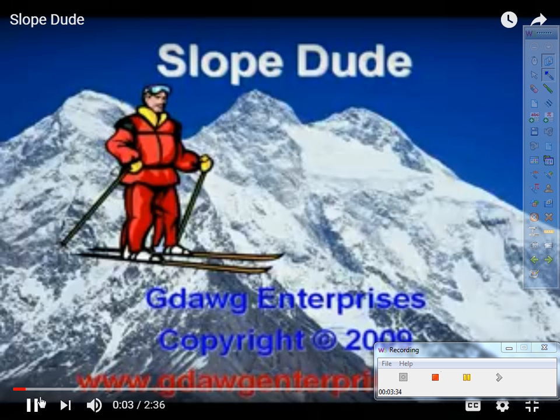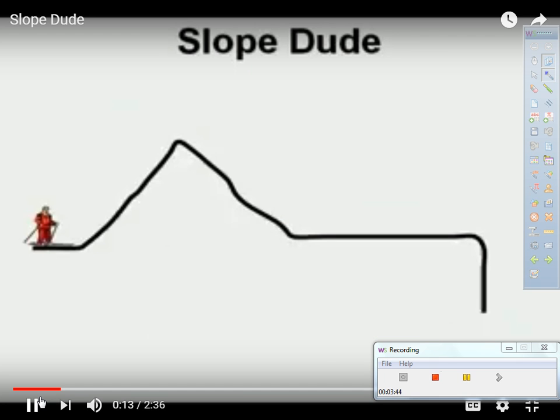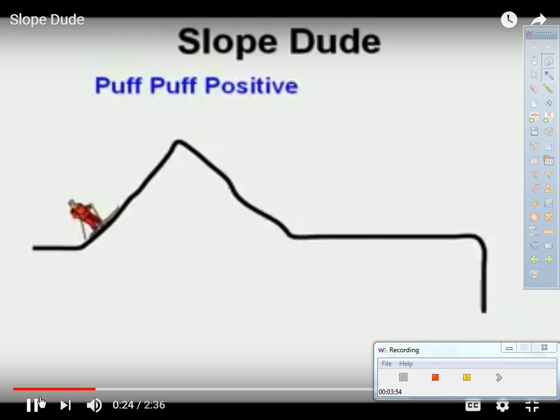Welcome to the Adventures of Slope Dude. Meet Slope Dude. He loves to ski. We are going to follow him, and he'll teach us some important aspects of slope. This is the course he's skiing today. What he says will teach us about slope. Always remember that Slope Dude always skis toward the right or eastward. When he starts out, he's going uphill. It's hard work. He says puff, puff, positive as he goes up the mountainside.